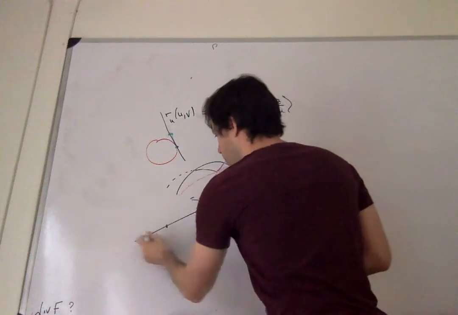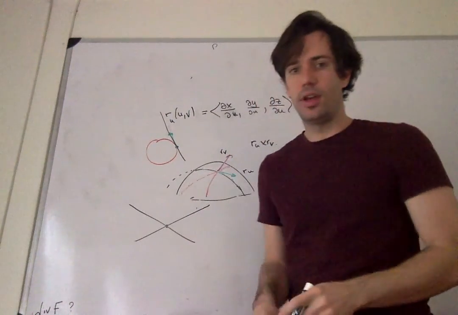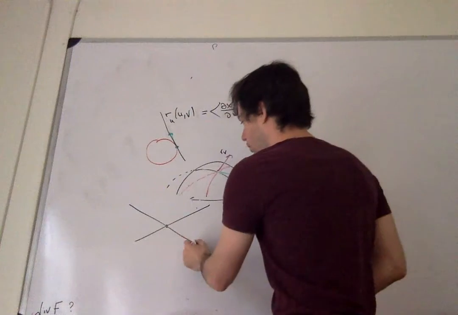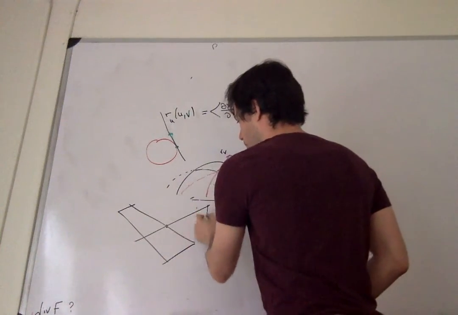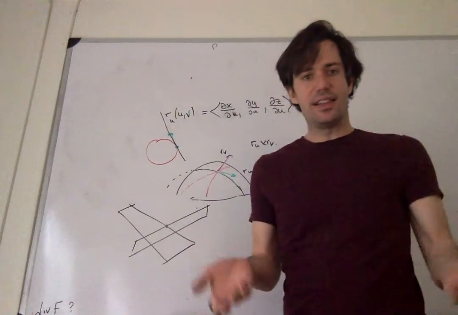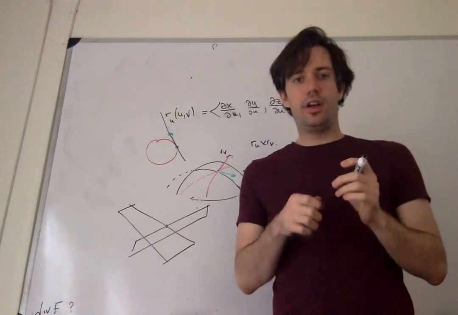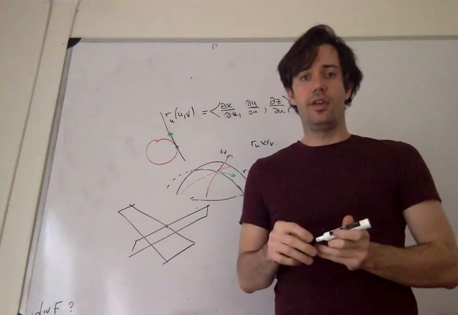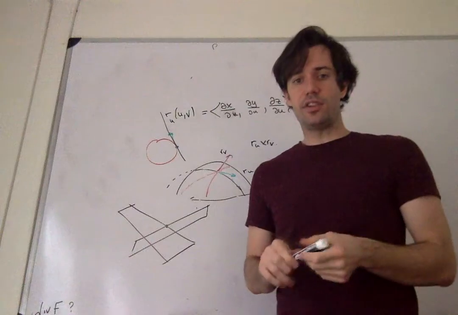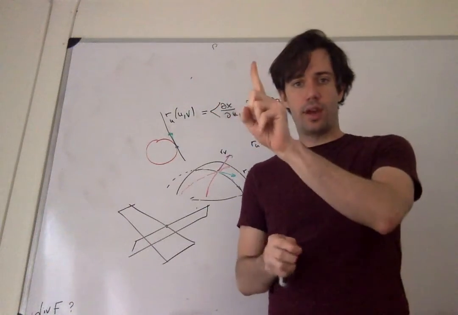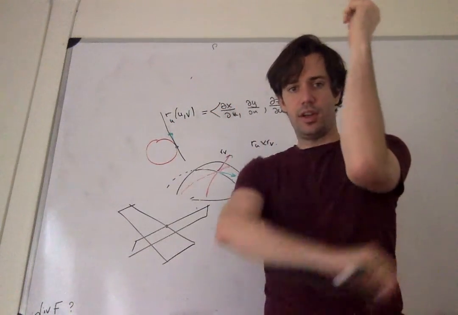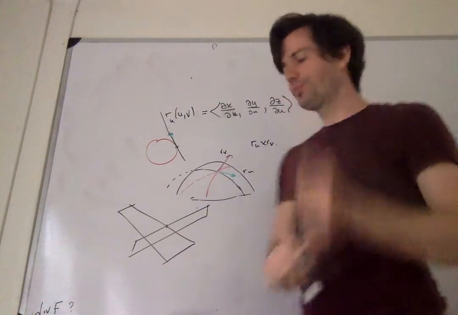I could put this plane through, or I could put that plane through. Those are 2 different planes. It doesn't tell us anything. So you need to have a non-zero vector, and then once you have a non-zero vector, whichever way it points, like if this is a vector, then this is the plane.